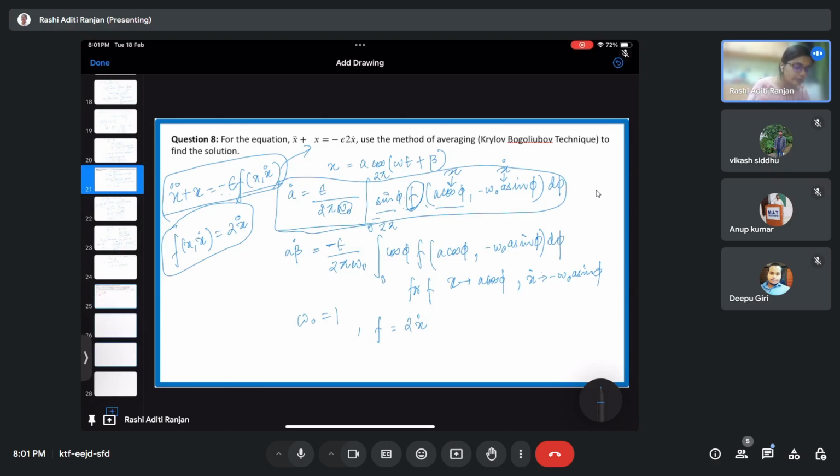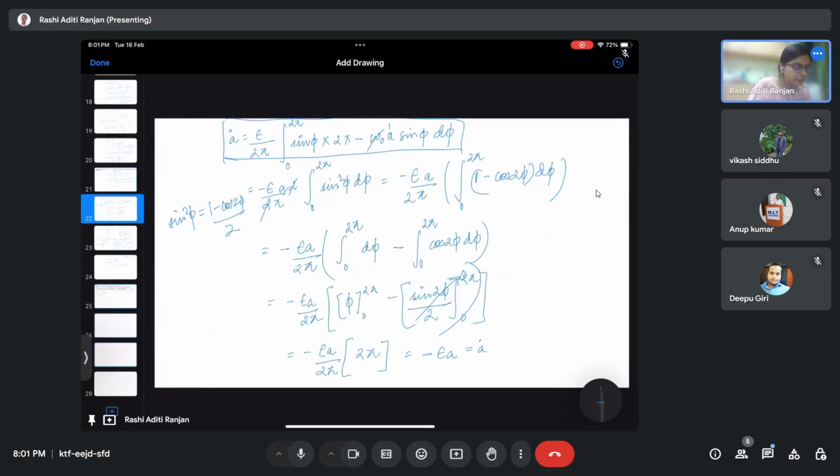That is what I have done. If I replace x dot over here, I'm going to get twice of omega naught sine phi a with a minus. That is what I have done over here: 2 into minus omega naught a sine phi d phi. That's it. After that, I have to further do the integration. Okay, thank you.